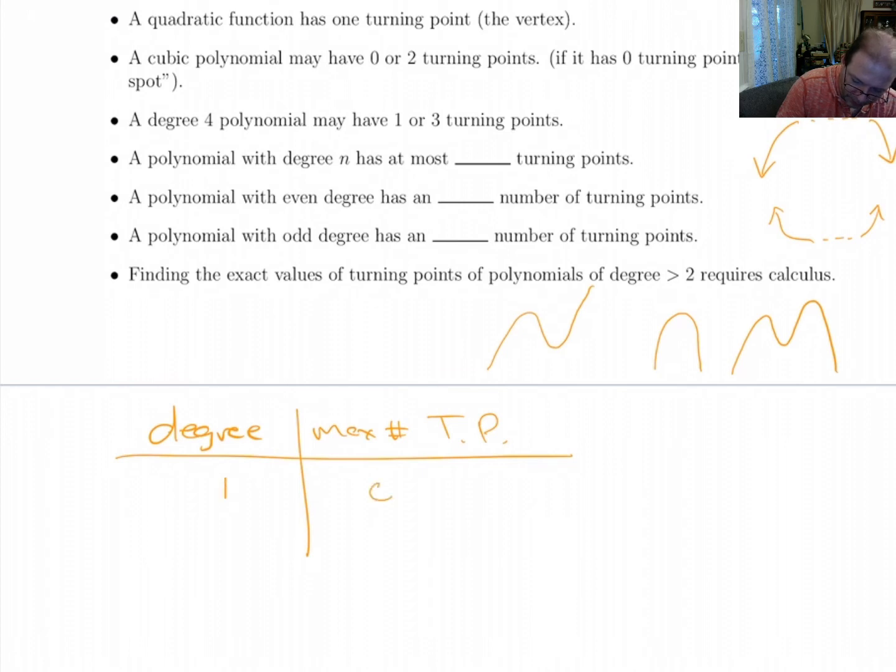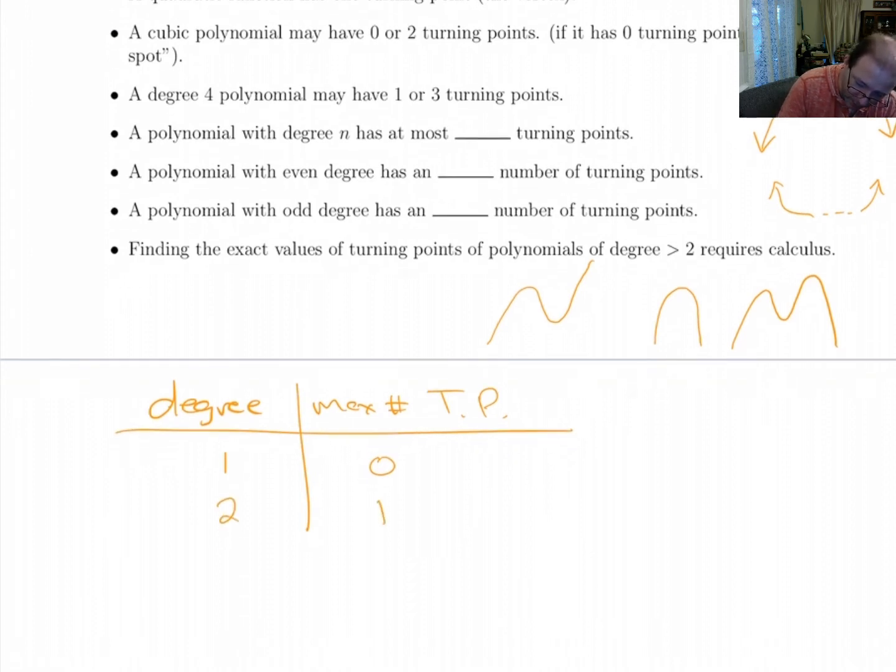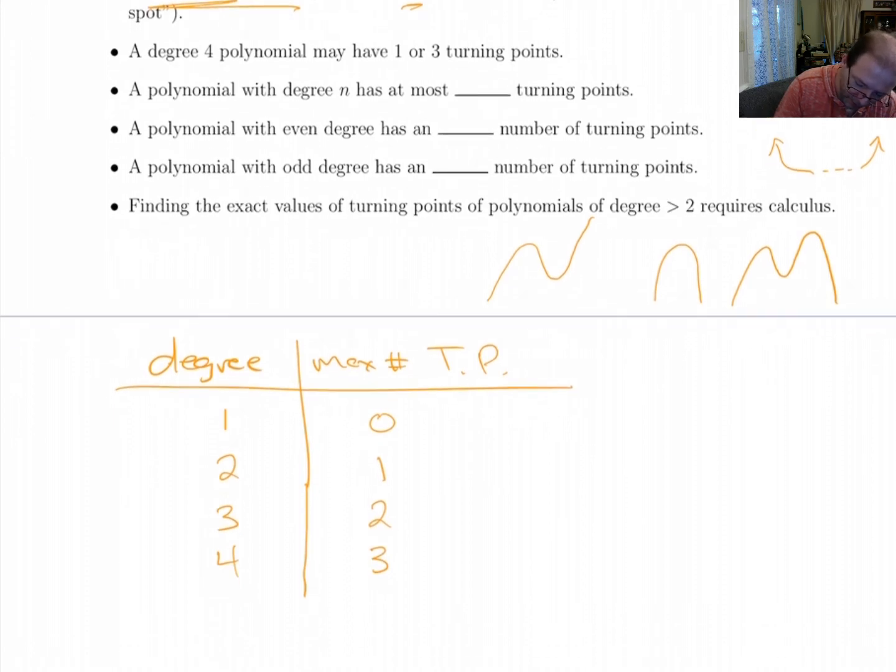Degree 1, that's a line, has 0 turning points. A parabola has exactly 1. Degree 3, we came up with a second ago, a cubic polynomial has at most 2. 4th degree has at most 3. 5th degree, you work through it, it's going to have at most 4. So a polynomial with degree n in general has at most n minus 1 turning points.